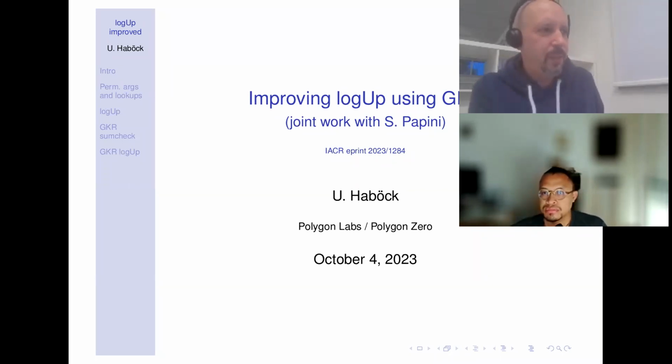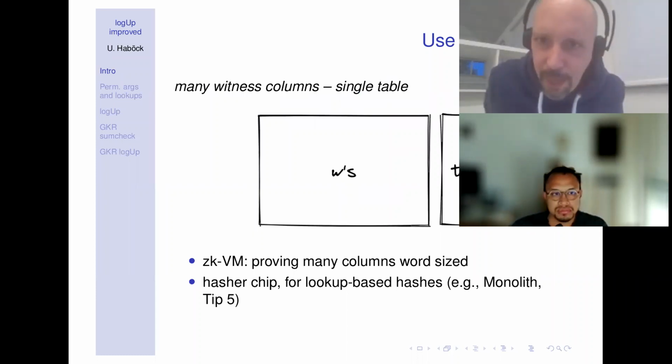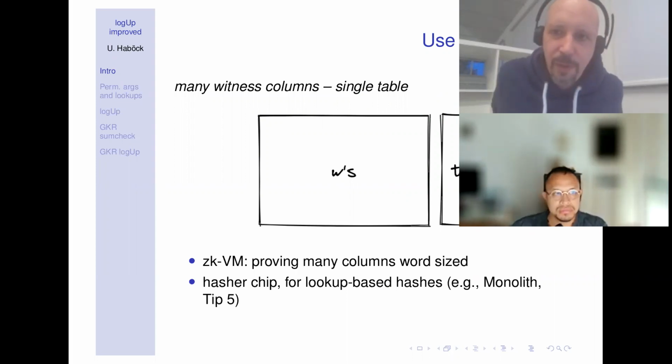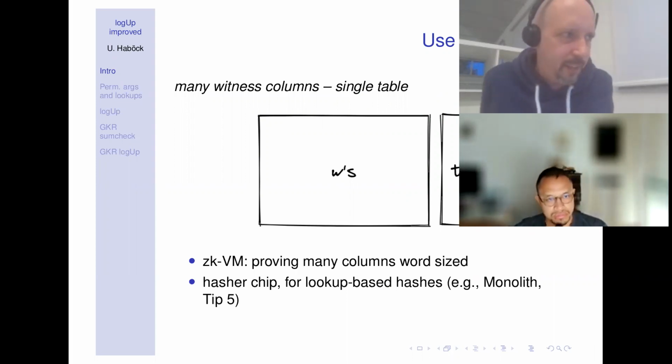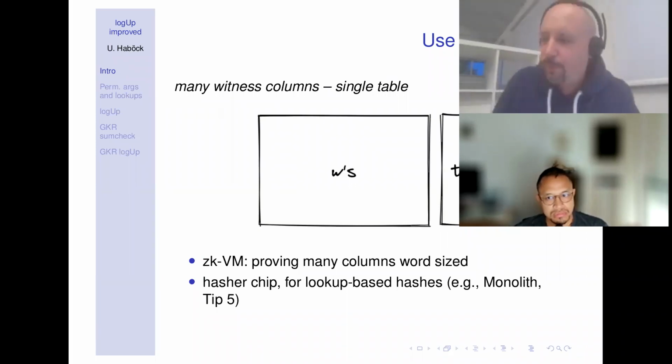Let's first discuss the use case, because there are so many lookup arguments. The use case we are targeting is not the large table track that is followed starting from Baloo going up to Lasso and CQ.